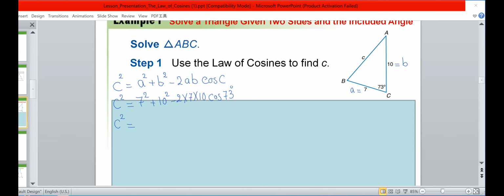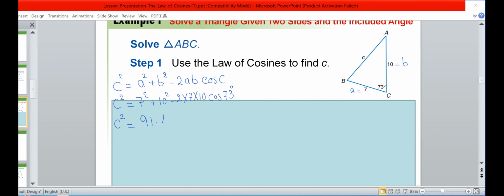Okay, please try to finish this calculation. I'll start using my calculator. It equals 91.4.